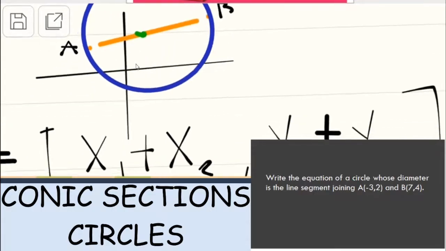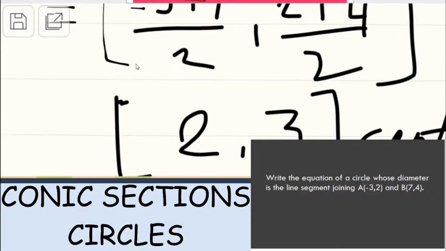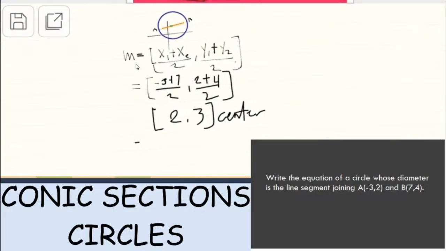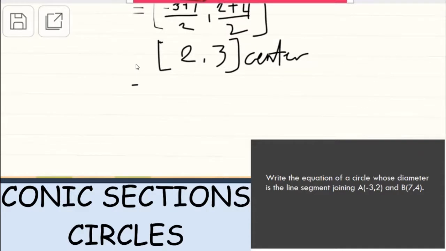So try natin yung A. But first, ilagay natin yung distance formula.